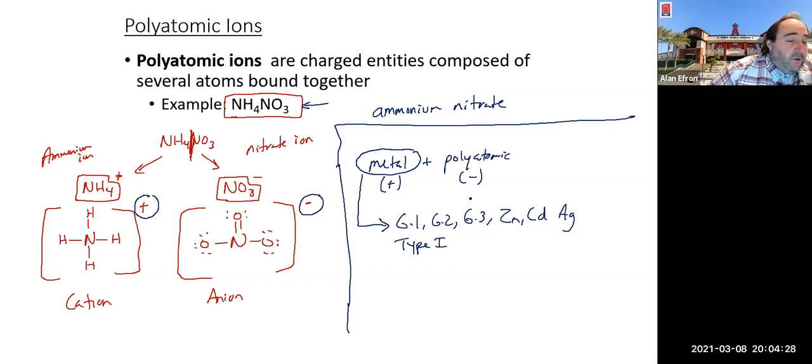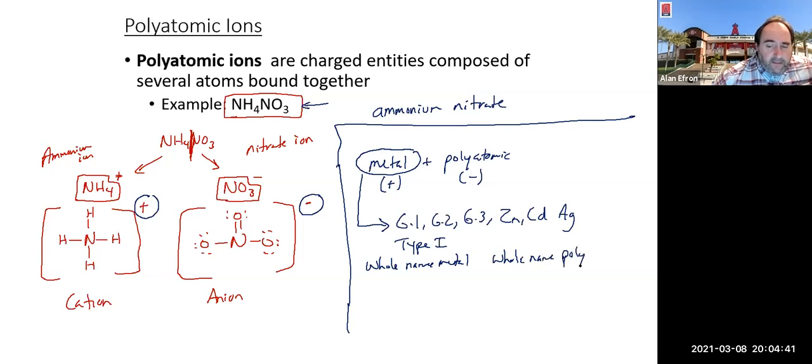We just use the whole name of the metal, and we use the whole name of the polyatomic ion. Even if there's more than one, we use the whole name of the polyatomic ion.